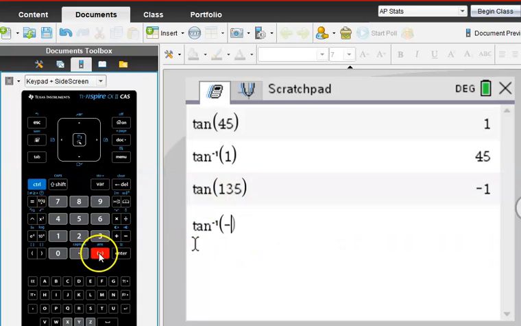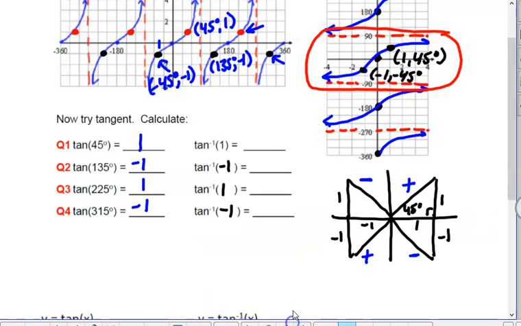Inverse tangent of negative 1, as expected, negative 45, not 135. So, like sine, we're going to be using positive and negative angles for our positive and negative trig values. So 45, negative 45, then obviously 225 is going to revert back to quadrant 1, 45, and 315 to the negative angle in quadrant 4.